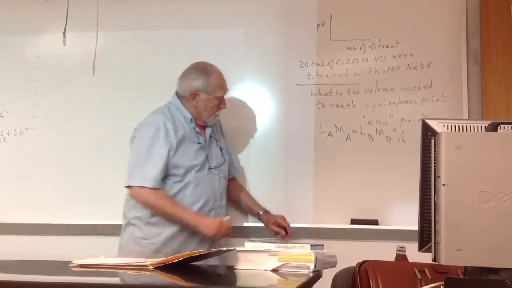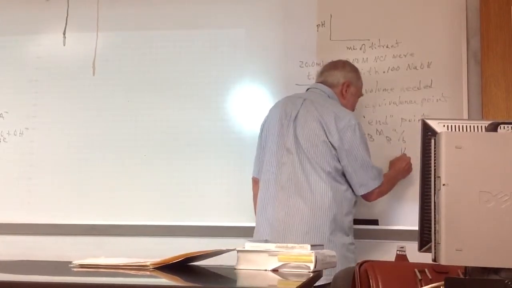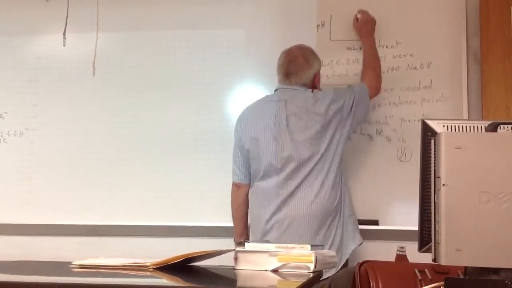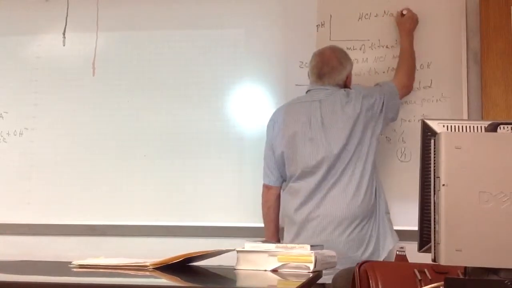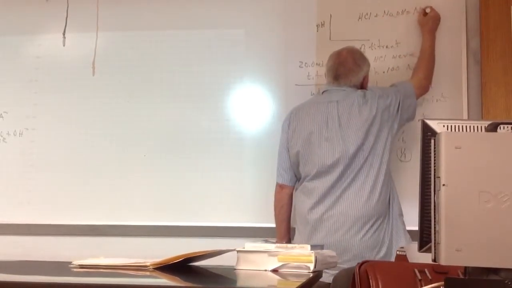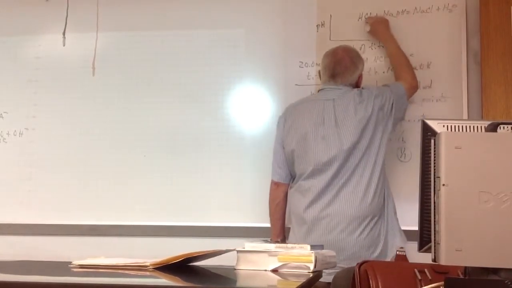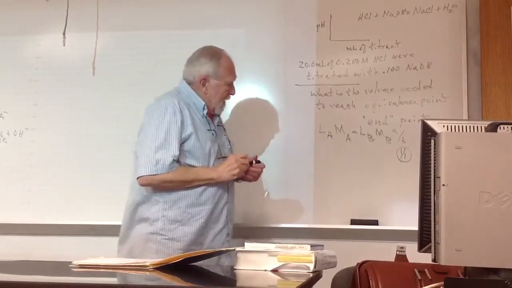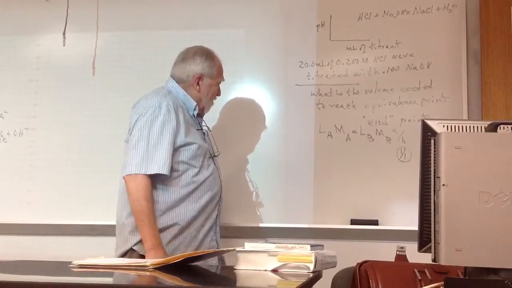But these are going to be essentially 1-to-1, because if I write the reaction here, it's a 1-to-1-to-1 mole ratio. Okay. And again, I'll say something about polyprotic acids as we go along.